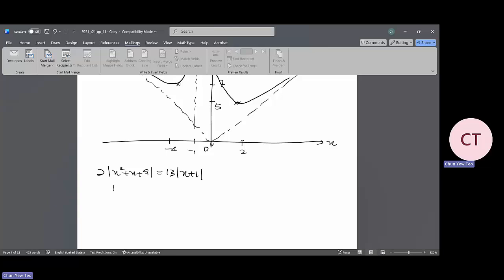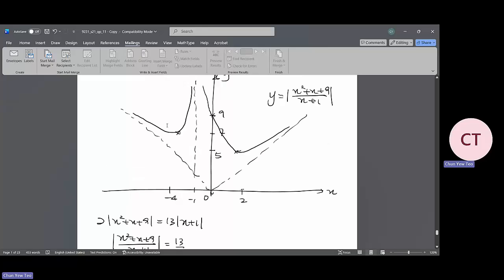So you get modulus of x squared plus x plus 9 divided by x plus 1 is equal to the 13 over 2. So which means that we are looking for this modulus graph, and then 13 over 2 is somewhere here. And we sketch a graph. This is the graph of y equal to 13 over 2. And you can see that over here, it will have 2 solutions.